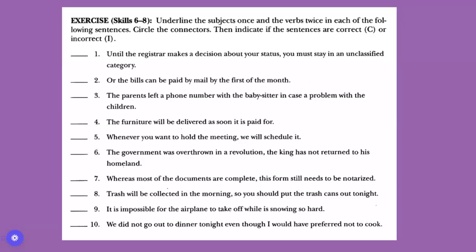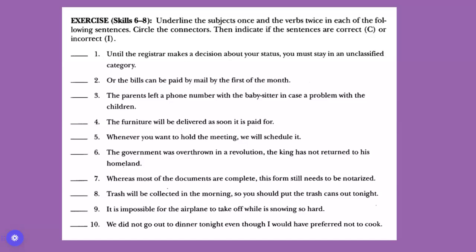Okay, I just shared the answers in the chat. Now compare your answers with the correct ones and let's analyze why. If you see, number 1 is complete. Number 2, incorrect.